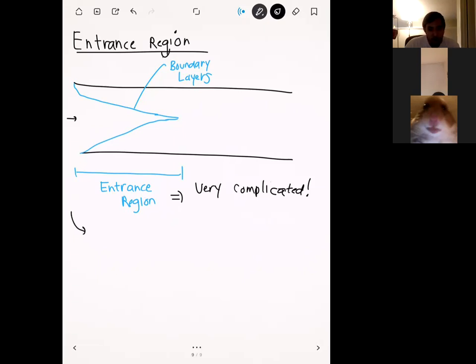But one thing I do want to mention is that when we talk about boundary layers, there are two types that can develop. What I've drawn in blue here is maybe the velocity boundary layer, but there might also be a thermal boundary layer as well. The thermal boundary layer develops independently of the velocity boundary layer.